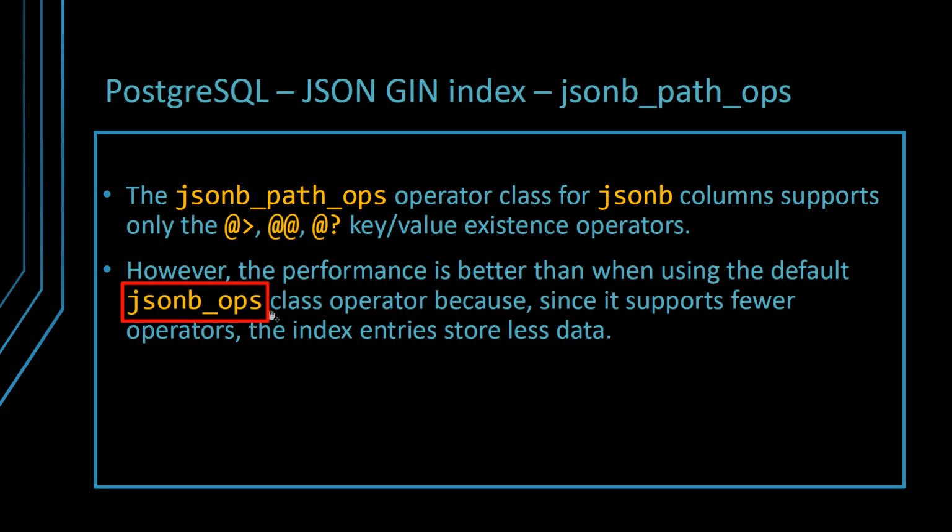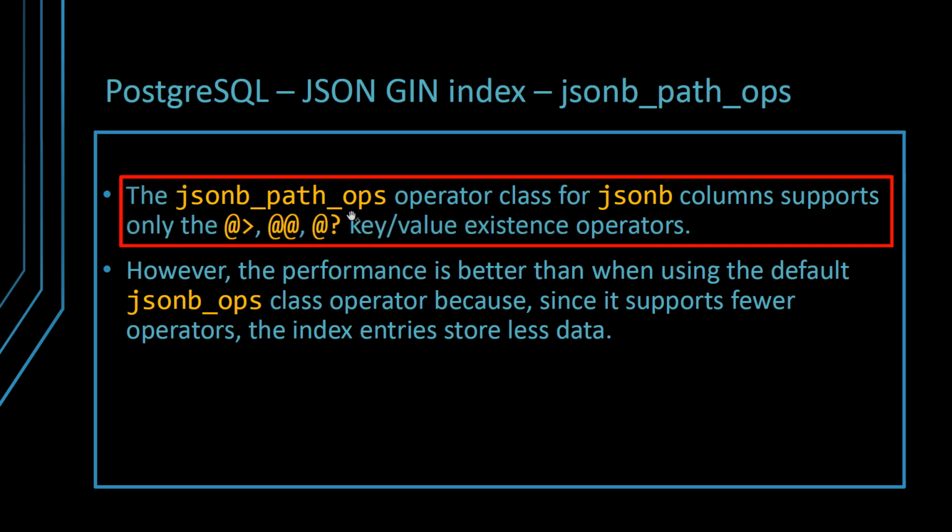What's interesting about these GIN indexes in Postgres is that by default it uses these JSONB operators, a class of operators that you can use. But if most of the time you're using only these inclusion operators, which check the existence of key value pairs, then you can use these JSONB path operators. This is a new class of operators. The difference between this one and the default one is that this one only works with these operators, but it stores the index in a much more compact fashion.